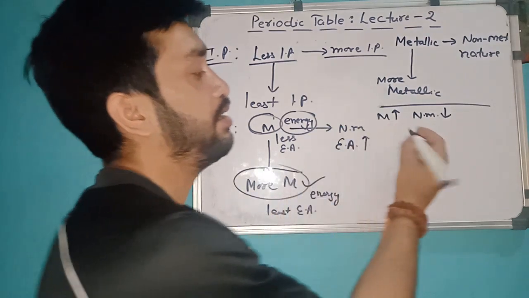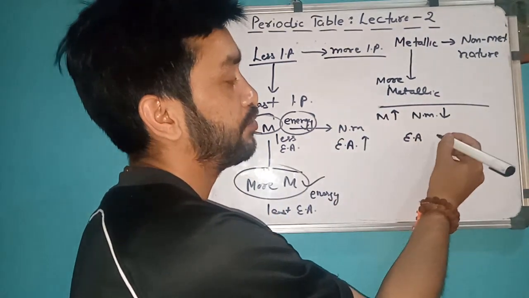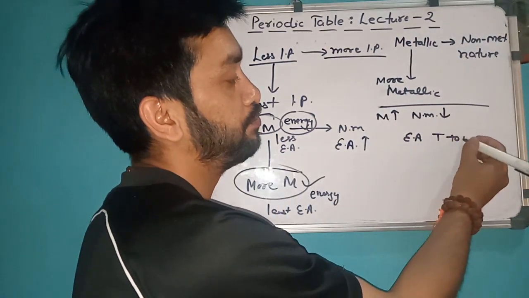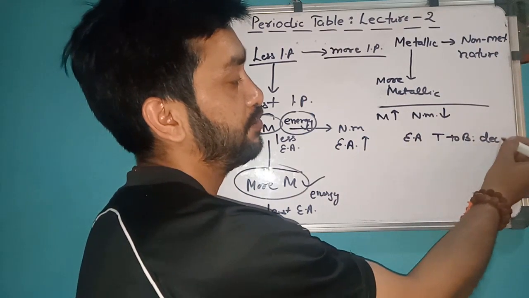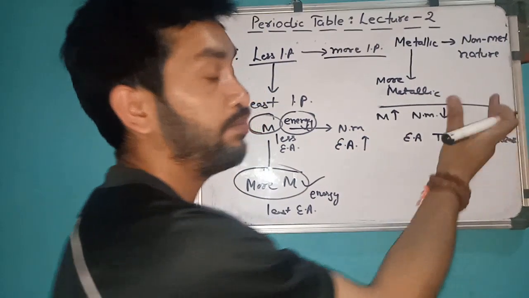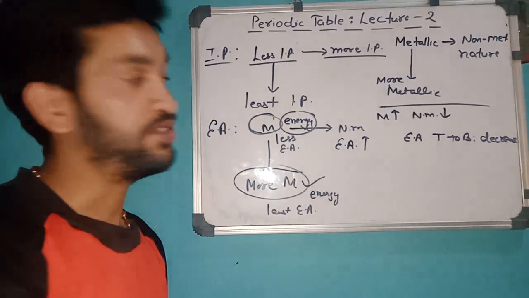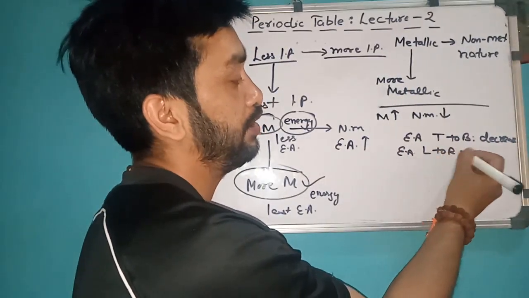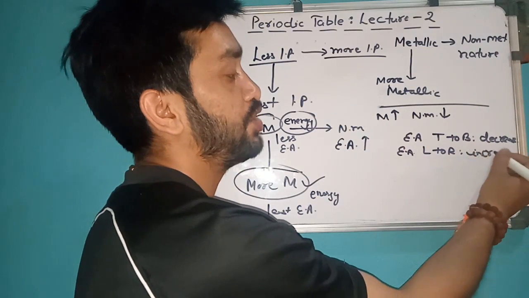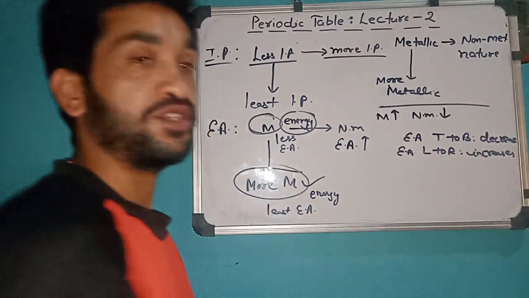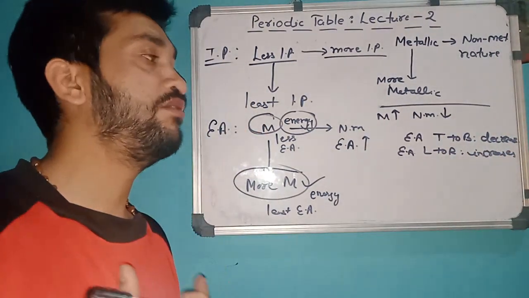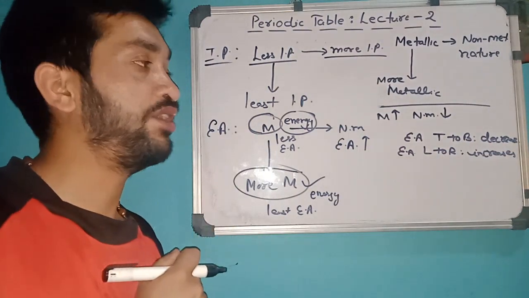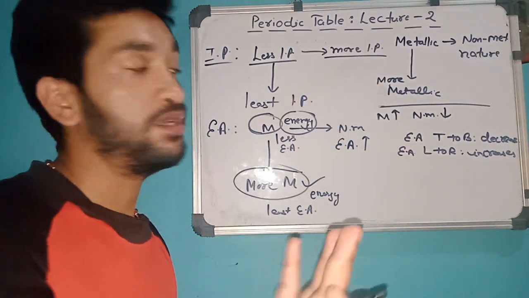So we can say that electron affinity from top to bottom decreases. Why? Because metallic nature is increasing, and electron affinity left to right increases. Why? Because chances of adding an electron increase. More electronegative, more chances of adding an electron, and if electrons are added, energy will be released.